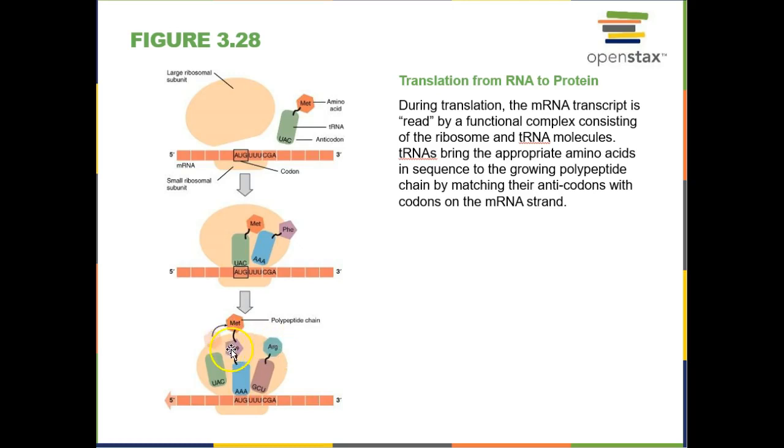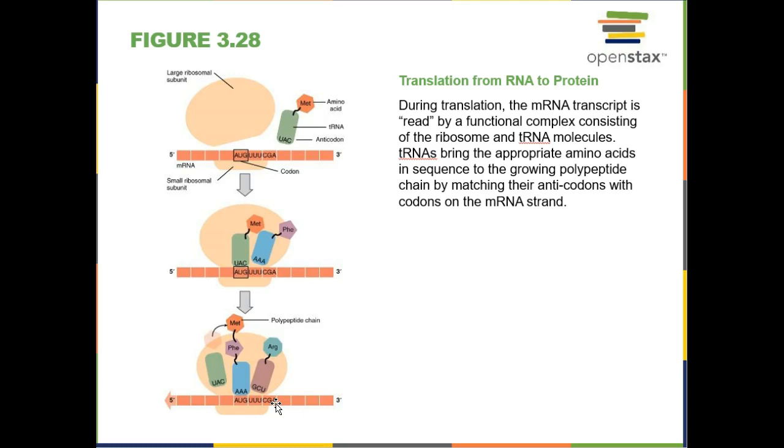So then phenylalanine is going to get stuck onto arginine, and arginine is going to get stuck onto the next amino acid, which would come in for... Oh, they've got them all messed up here, because this GCU should be across this CGA. But that's how it works.